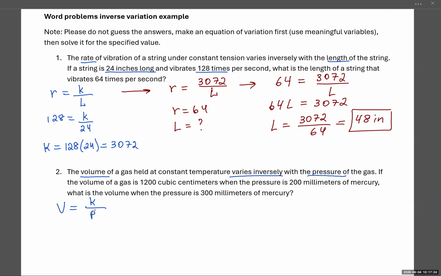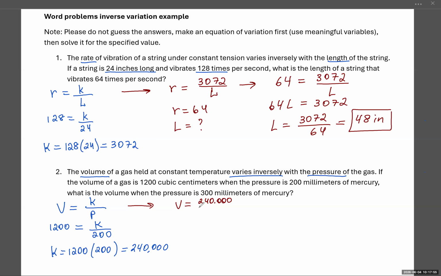If the volume of gas is 1200 cubic centimeters, so 1200 equals K divided by 200 millimeters of pressure, which means that K is 1200 times 200, 240,000.